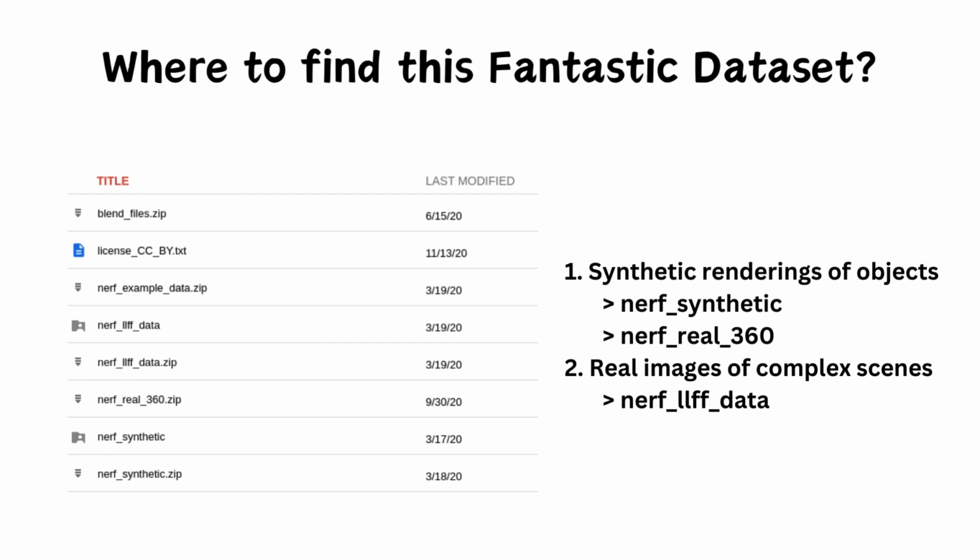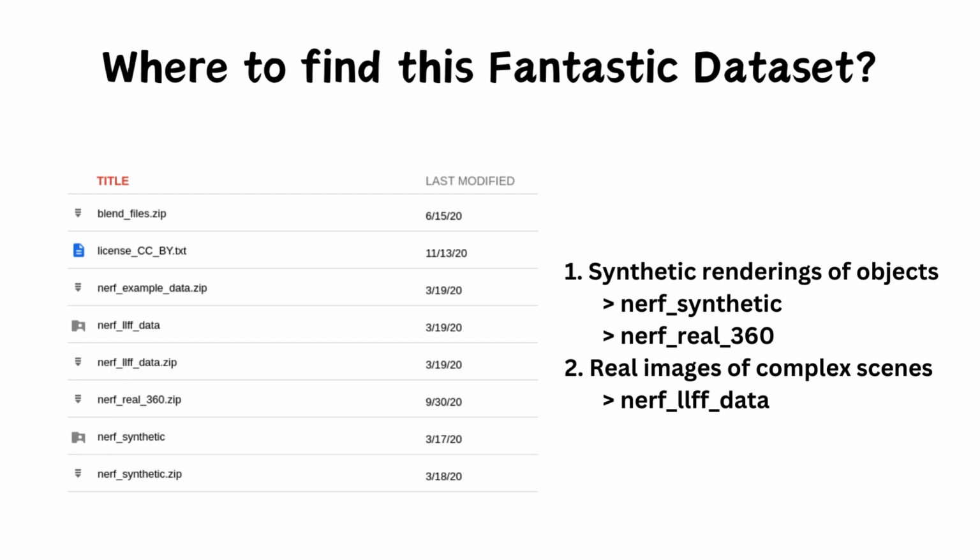And all the images are 1008 cross 756 pixels. And this LLFF dataset, that is local light field fusion, has images of fern, flower, fortress, horns, leaves, orchids, room, and trex. So, this is the brief description about the dataset which can be utilized for further studies.